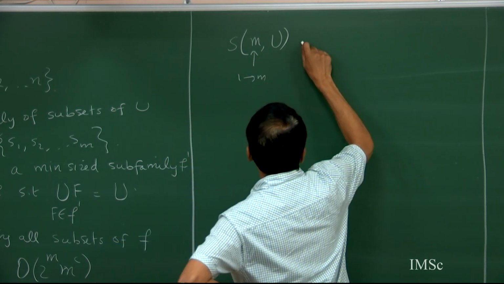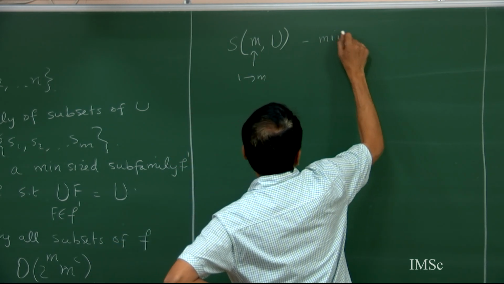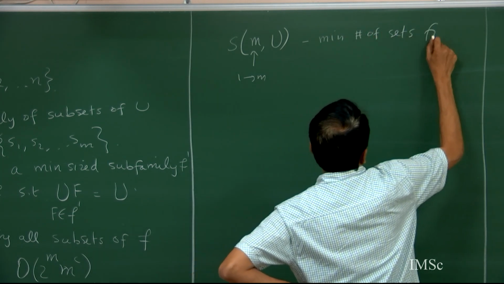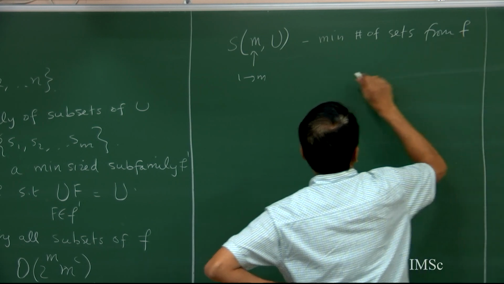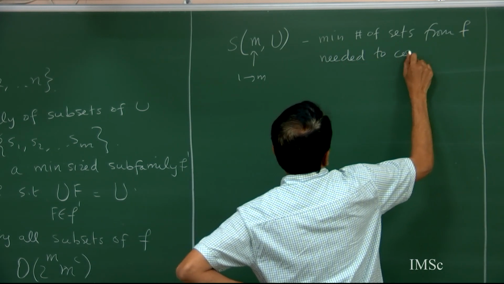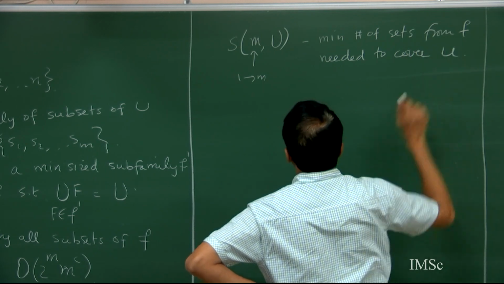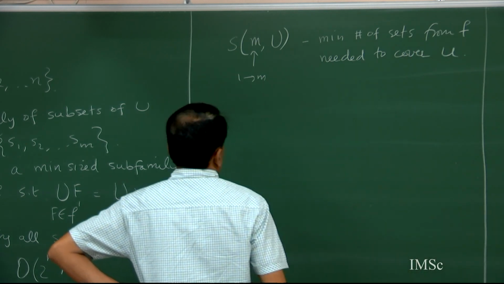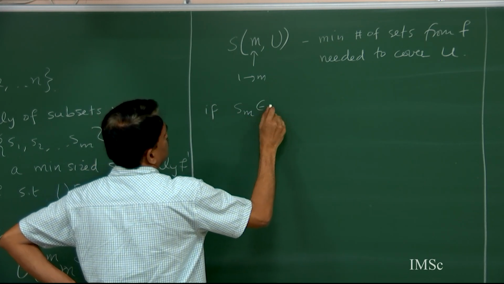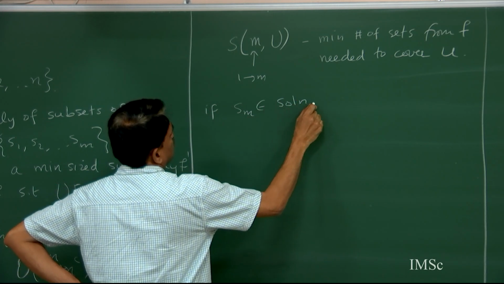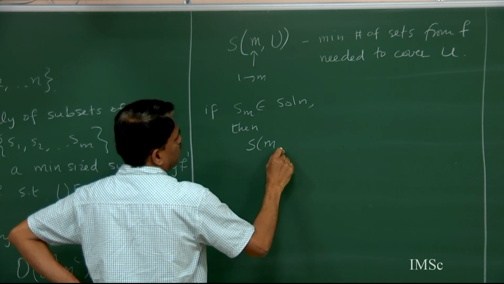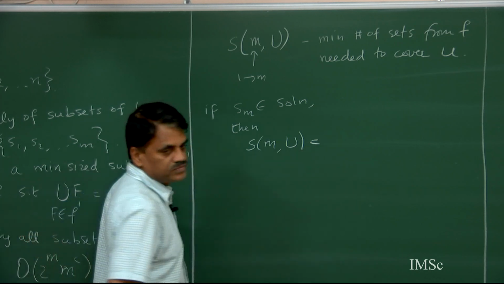This is the minimum number of sets from F needed to cover U. Okay. So, if Sm is in the solution, then S(m, U) is what? Can you write a recurrence?